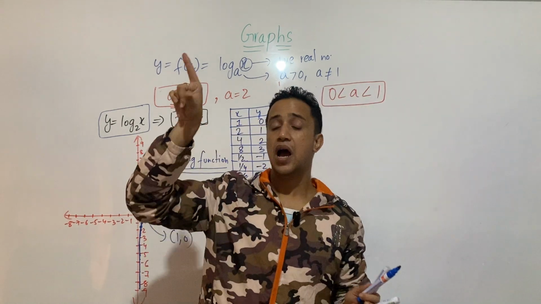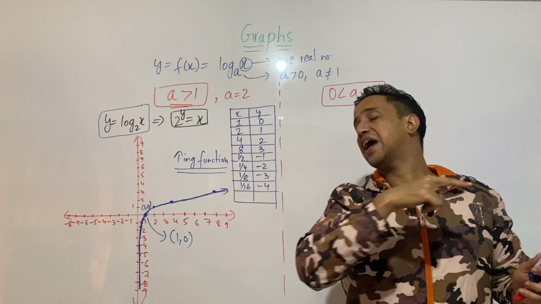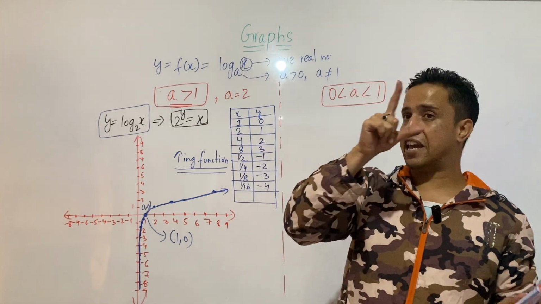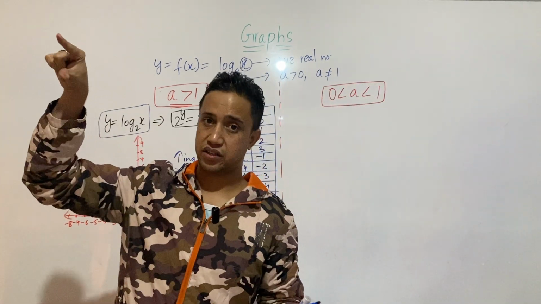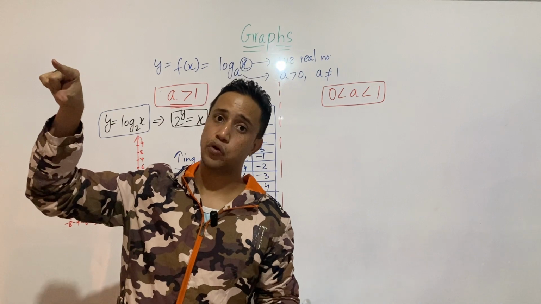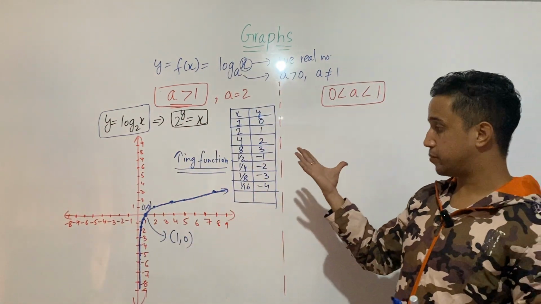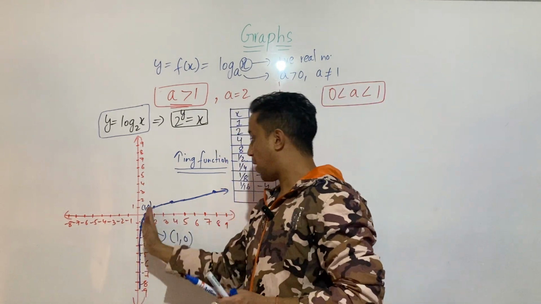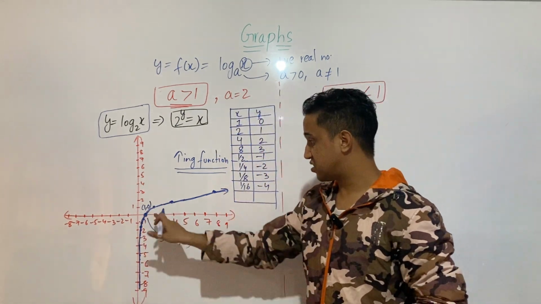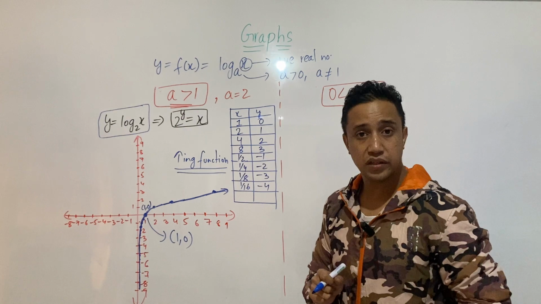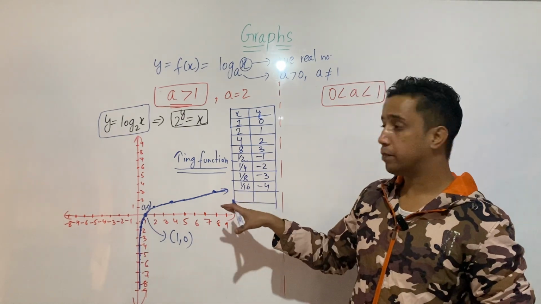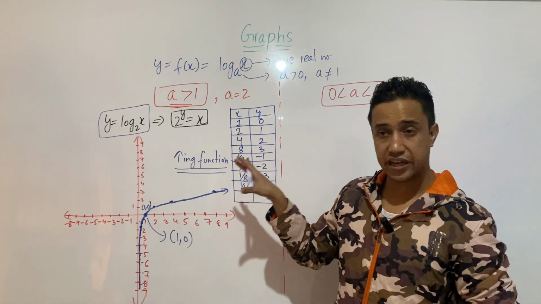If you remember, the graph of any exponential function will pass the y-axis at 0, 1, right? So same here, the graph of any logarithmic function will pass the x-axis at this point, 1, 0. Okay, so I hope you get this point.